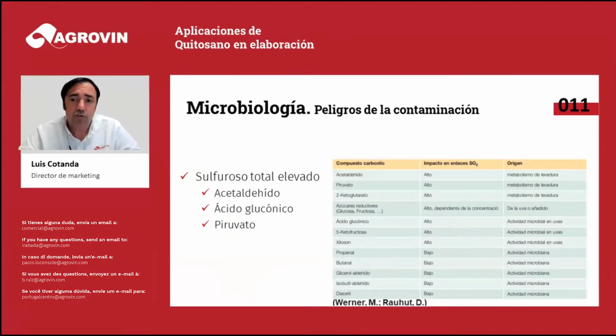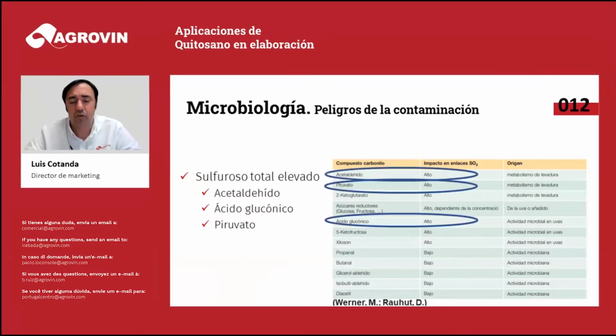And apart from these compounds, many more are known to be able to combine with sulfur dioxide, and some of them are produced by microorganisms. We know, for example, gluconic acid. We know that grapes attacked by botrytis have very high levels of gluconic acid, but also pyruvate and acetaldehyde.